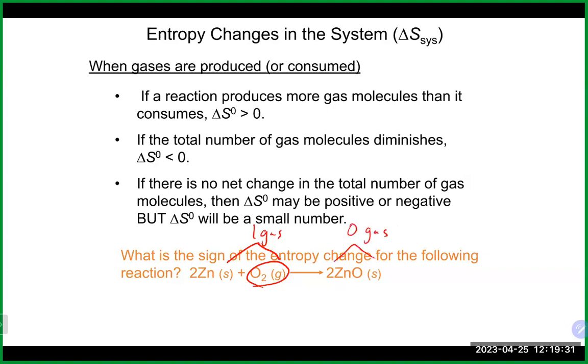So we went from 1 gas molecule flying around to no gas molecules flying around. That's definitely something moving to nobody moving in front of your eyes. Much more order happening in that situation. And in that case, we would be increasing the order. And we would expect our delta S to be more negative, or obviously less than 0 in this particular case. Any questions on that there?